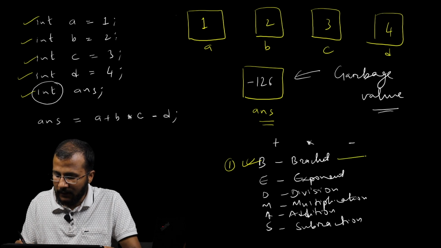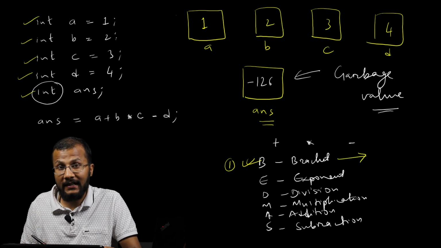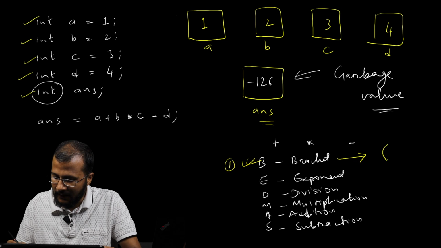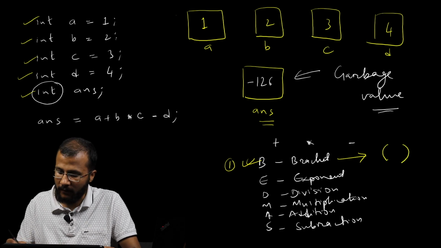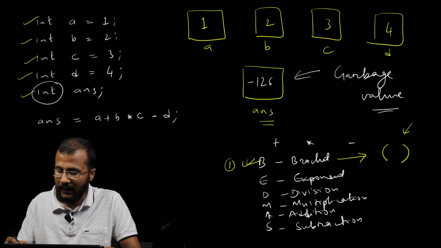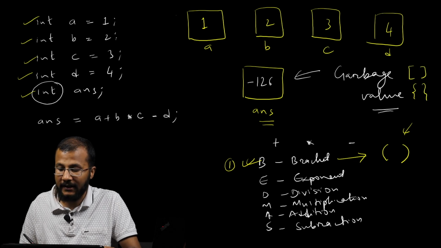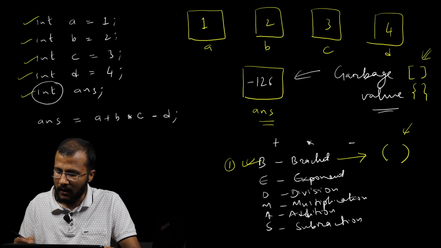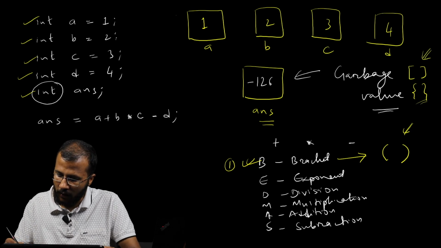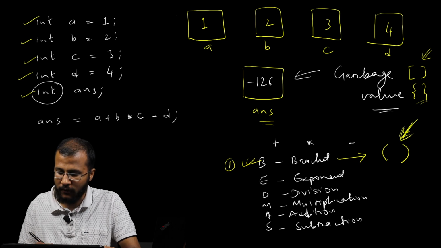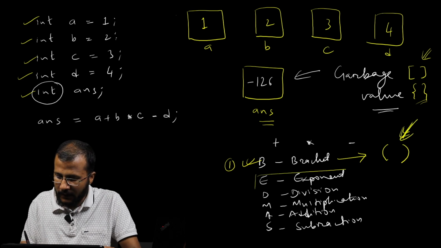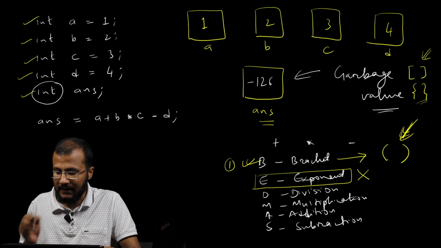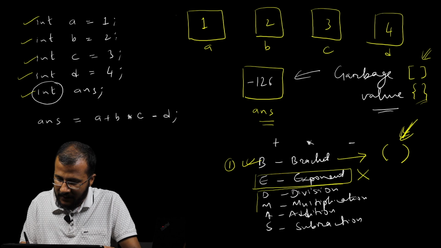The valid bracket that you can write in any C expression is the parenthesis like this. You cannot write braces like this or the box bracket in an expression, right? There is an exception to the box bracket, sometimes it is used in an array, but generally only the parenthesis is used as a bracket, and there is no operator available for exponent in C. Division and multiplication have the same priority.